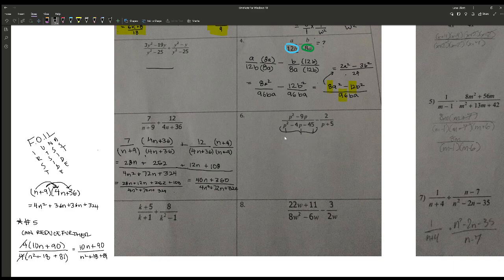We have the p squared, what's that called? I forget the exact term. Whatever. You have a p and a c value, sorry. You have an ax squared plus bx plus c. That's the same polynomial format.